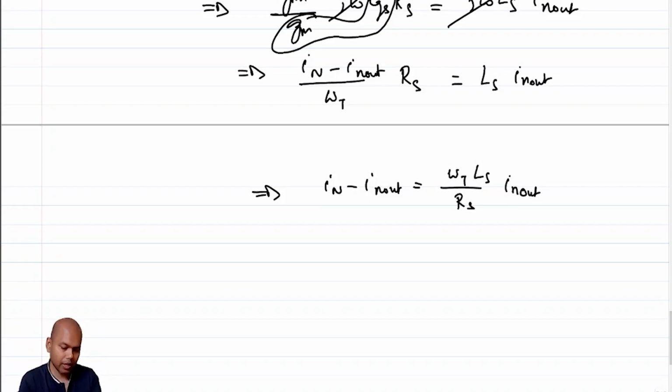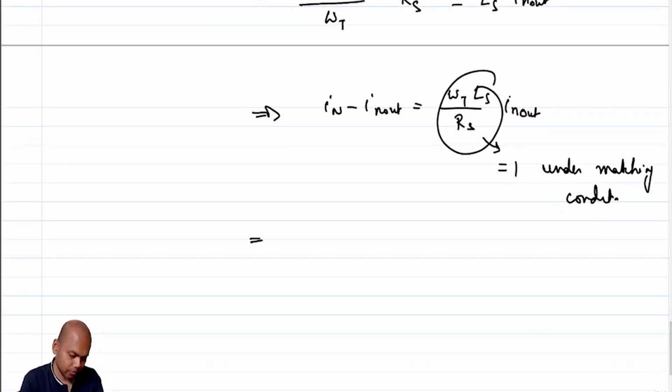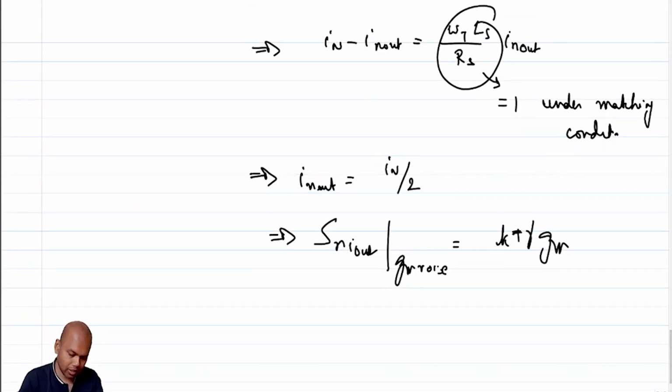Now note that omega T times LS is equal to RS, right? So this is equal to 1 under matching condition. So essentially you get IN out is IN over 2, which means that your SNI out, this is due to GM noise, is KT gamma GM, right? Okay, so the major part is done.